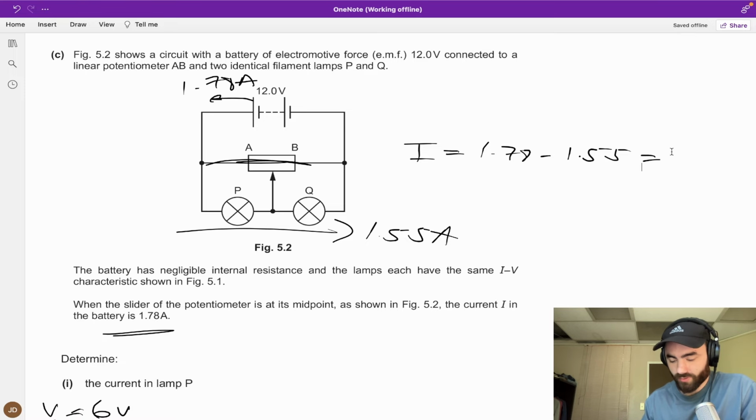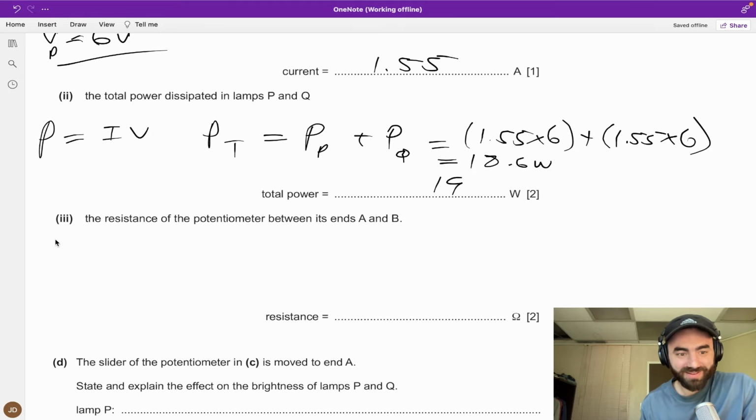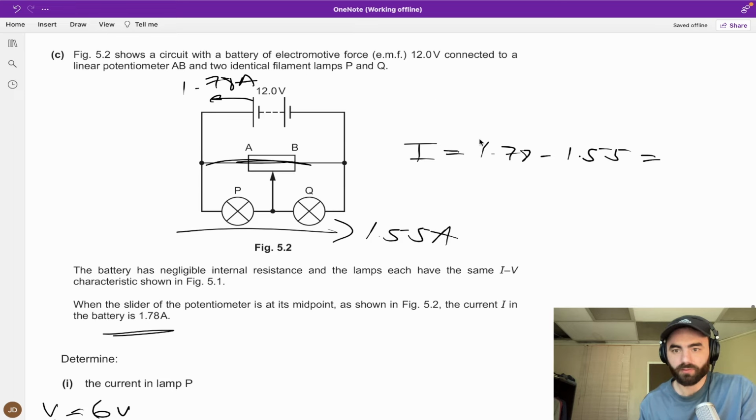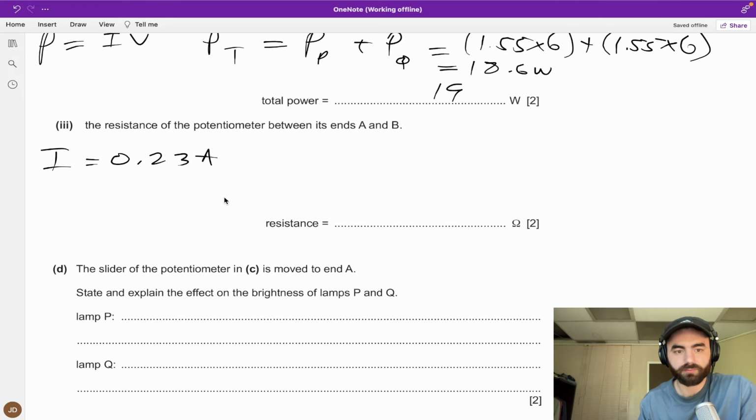Conservation of current, Kirchhoff's first law. You need them. So the current flowing through the potentiometer is 0.23 amps. This 1.78 is being split to here and here: 1.55 down here, so then 0.23 down here.